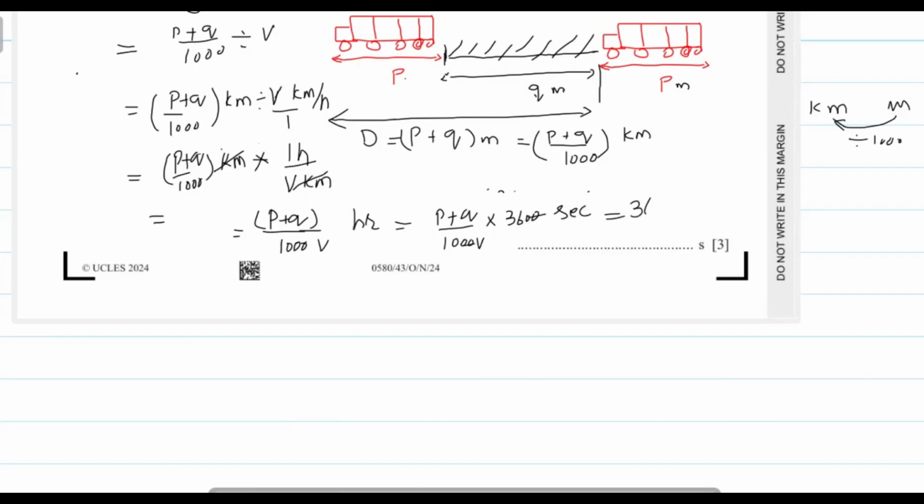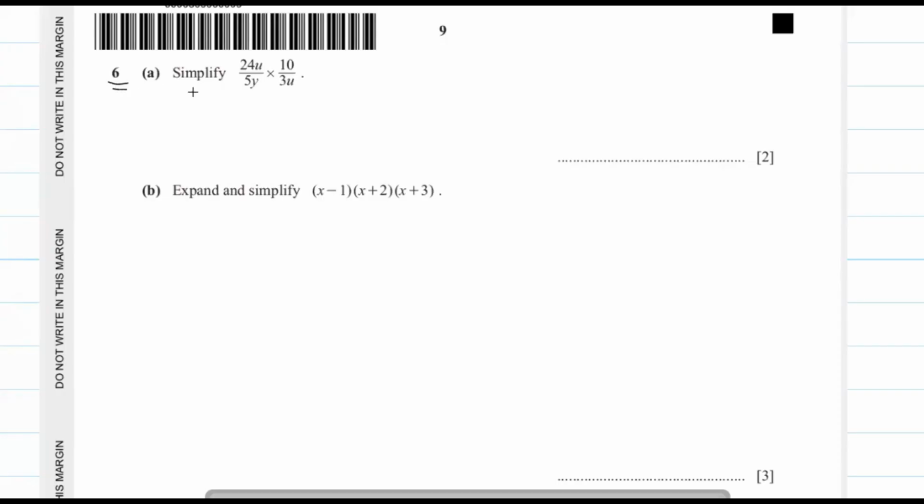This value will be 36 over 10 v into p plus q. We will divide 36 by 2, we get 18, and this value 10 is divided by 2, we get 5, and we can write this 18 over 5 into p plus q over v. This is the answer.